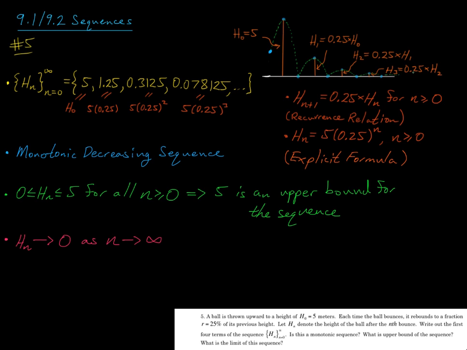For practical purposes, of course, the ball will stop bouncing and it'll just sit on the ground. But as far as the limit goes, as I let n become infinitely large, this factor 0.25 to the n approaches 0, and so this nth rebound height will approach 0.